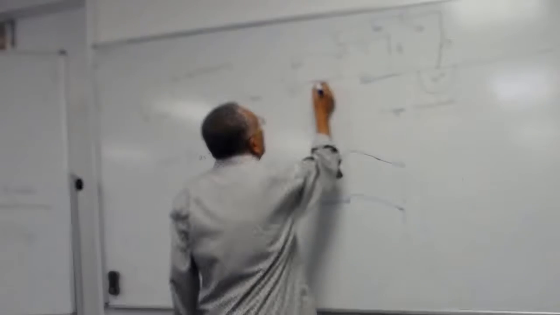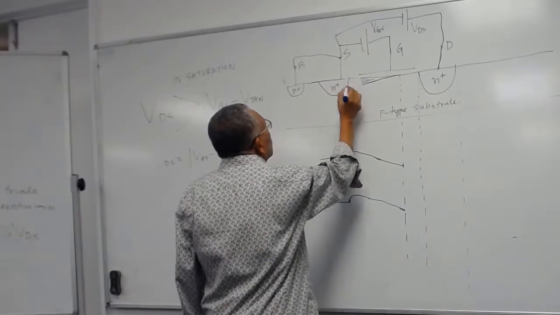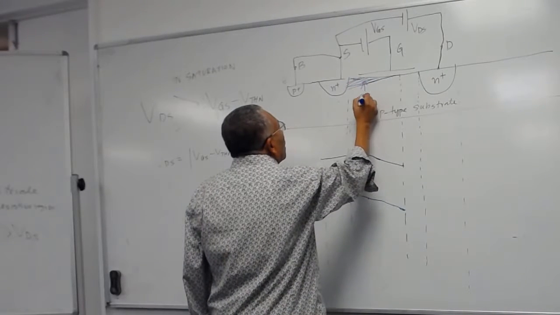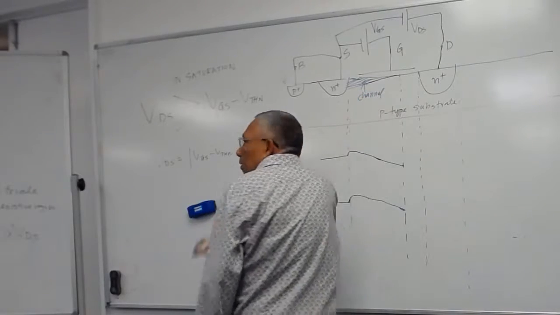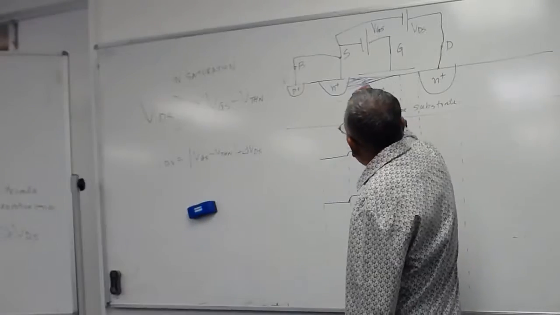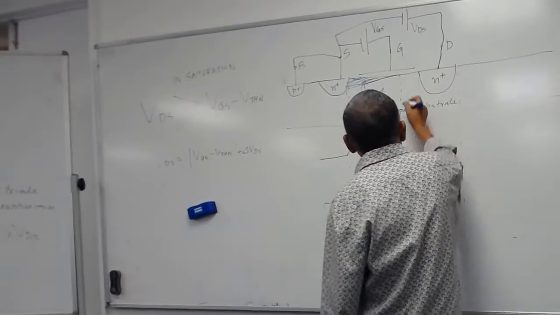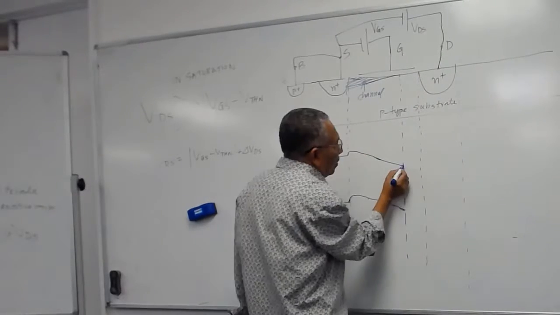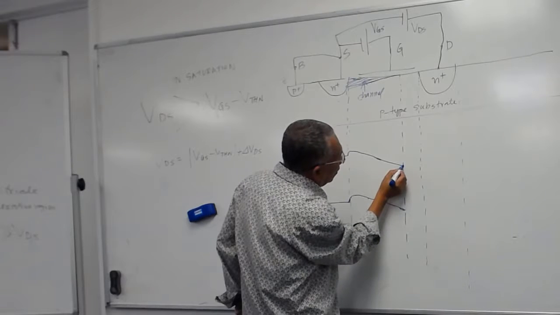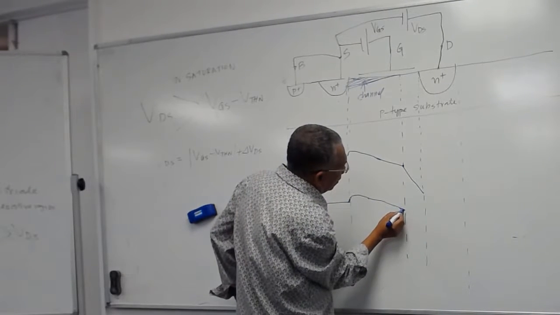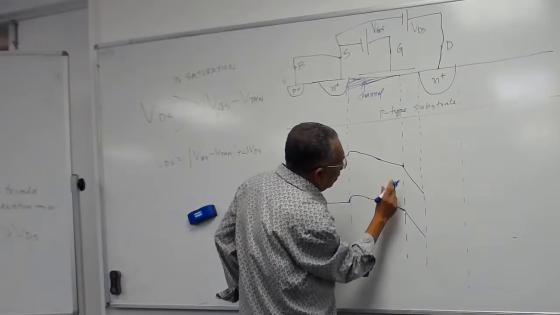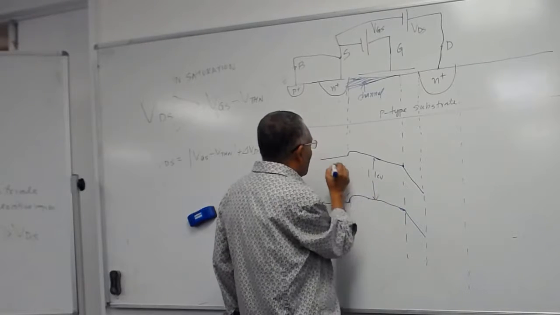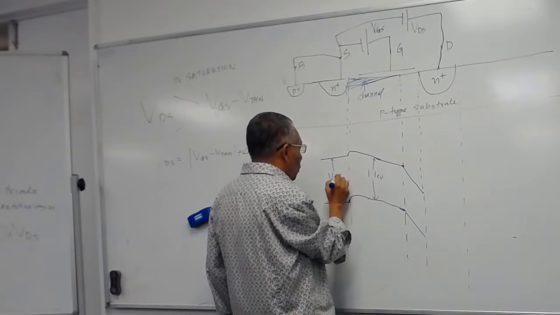This is your source, and this is your channel still. From this edge of the source, it is going down up to here, and then this little part here is going to go down faster, the same gap. So this is your 1.1 electron volt, and this is 1.1 electron volt.